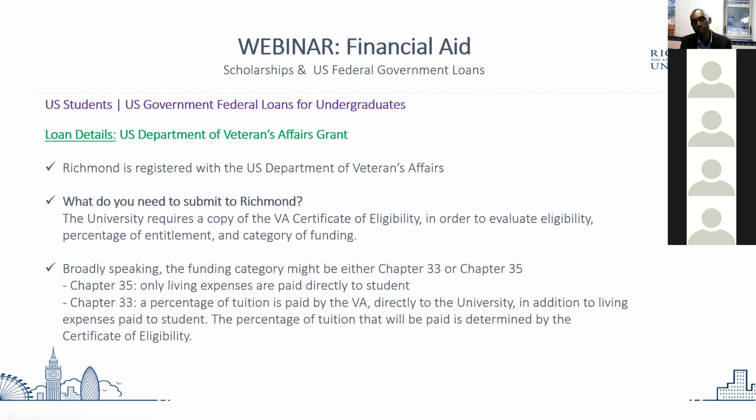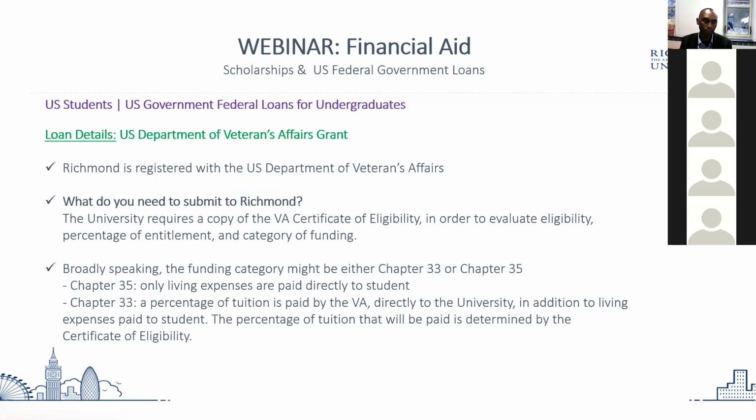This document has all the information that we need in order to submit what we call an enrollment report to the US Department of Veterans Affairs every semester. So if you're a VA student applying for VA funding and you've been approved, we need a copy. We don't necessarily need the original, but we do need a copy of your VA Certificate of Eligibility.